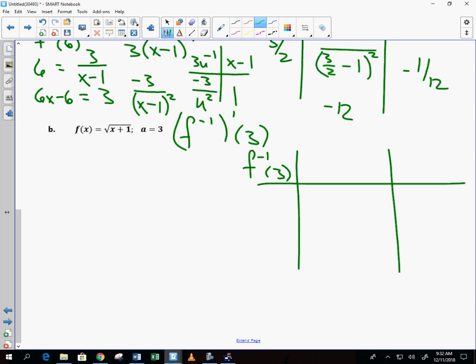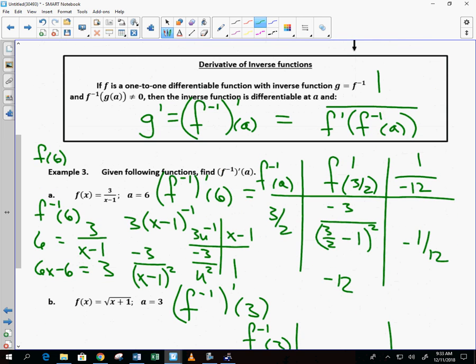What goes in the second box? No, I'm taking the derivative of the inverse. So I'm not writing this formula. What I'm writing is that I'm taking the derivative of the inverse function.